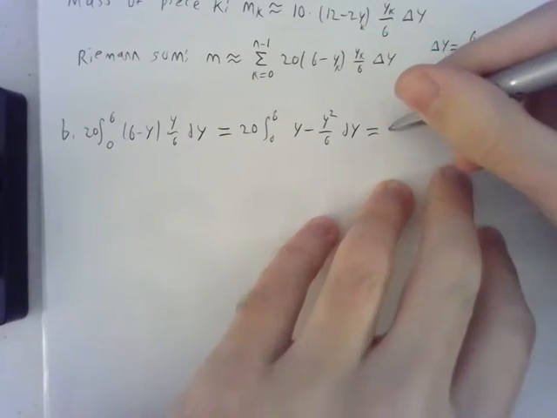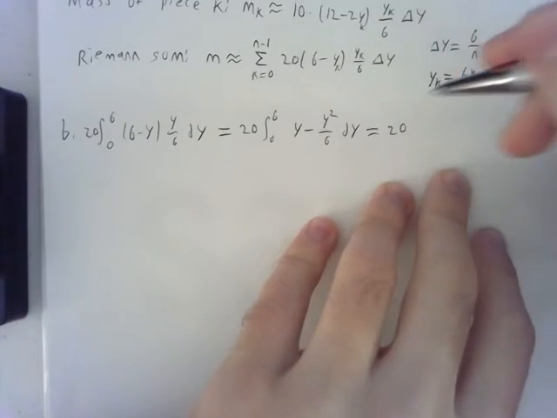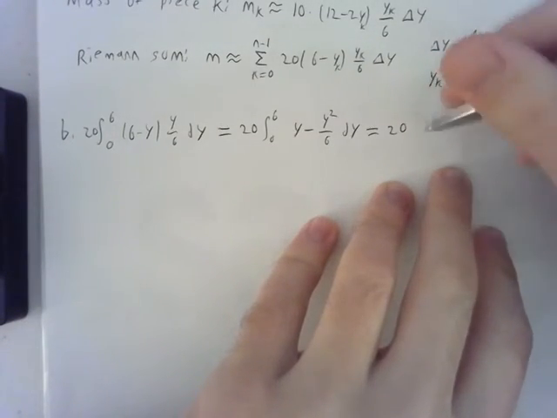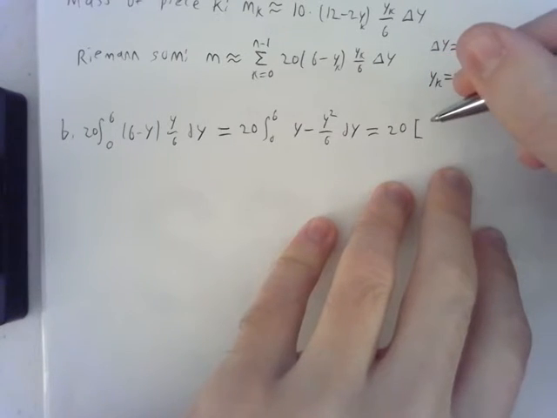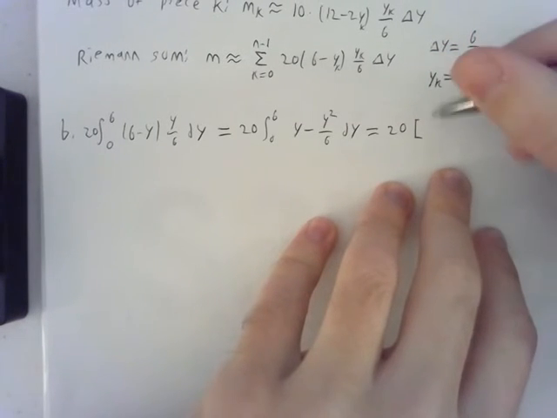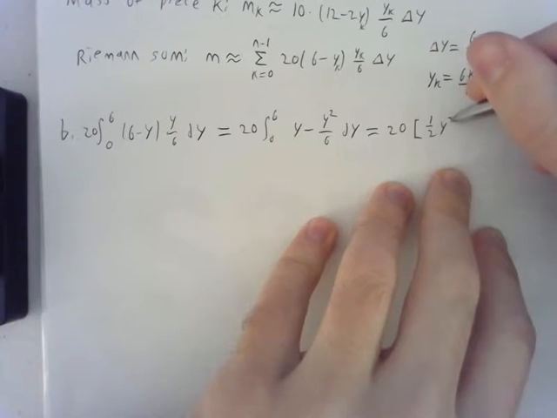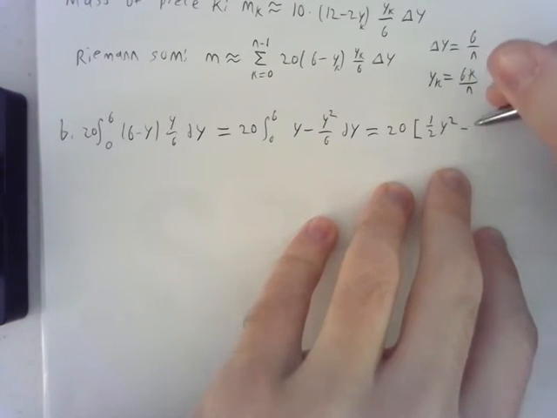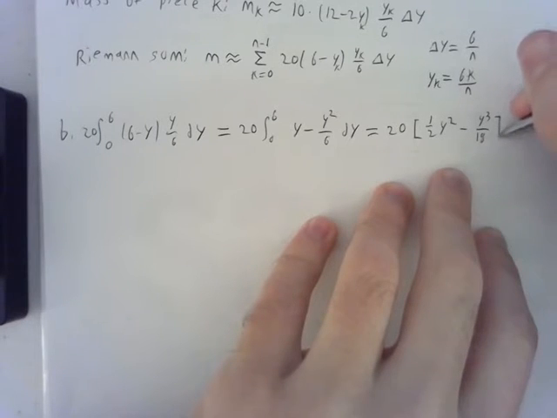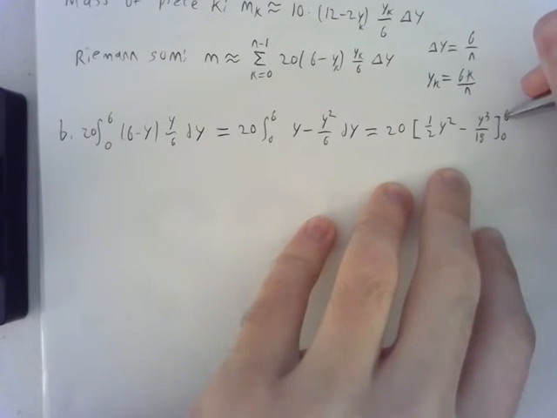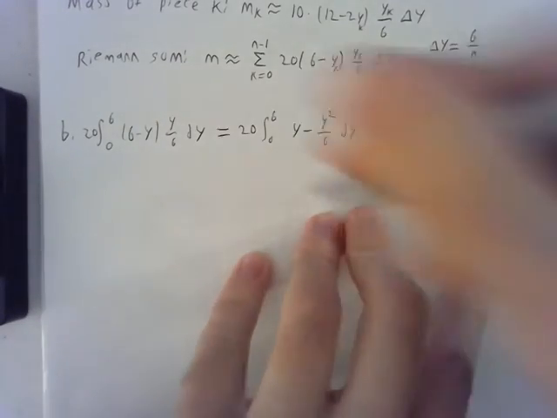Now if we use the fundamental theorem of calculus, we take the antiderivative of this thing, and we'll get that it's 20 times 1/2 y squared minus y cubed over 18, evaluated from 0 up to 6.